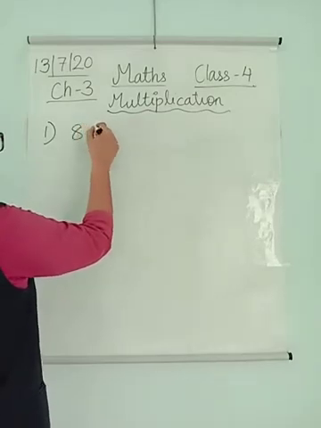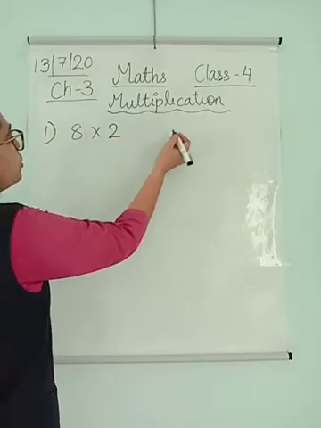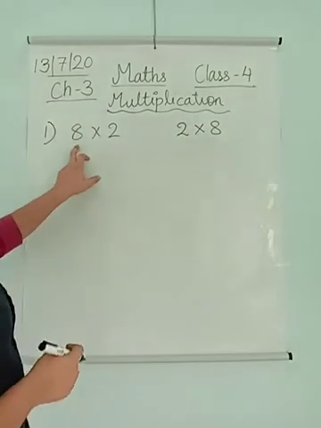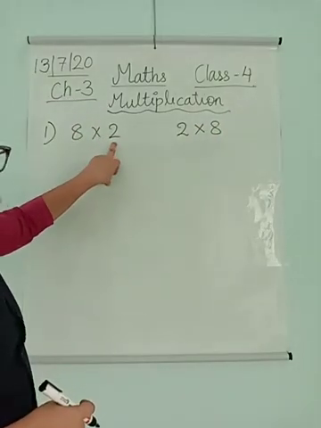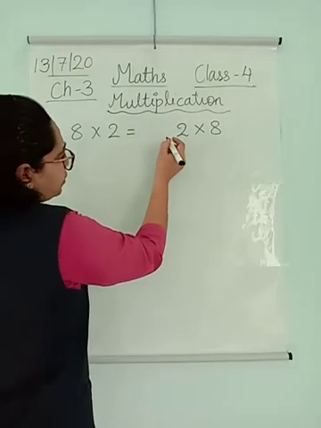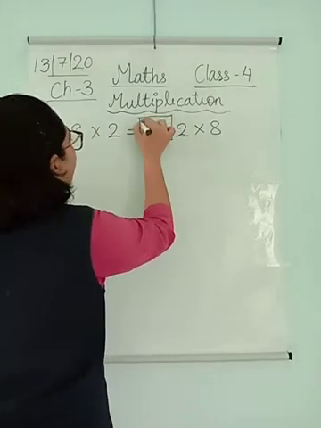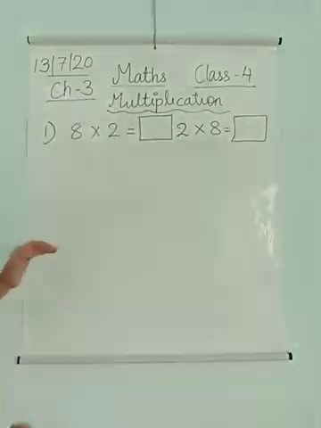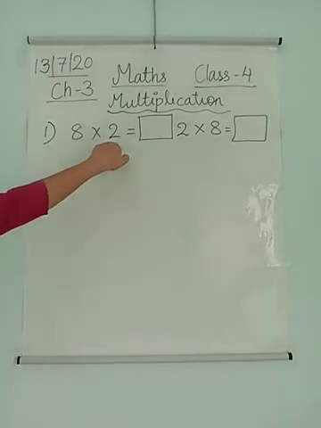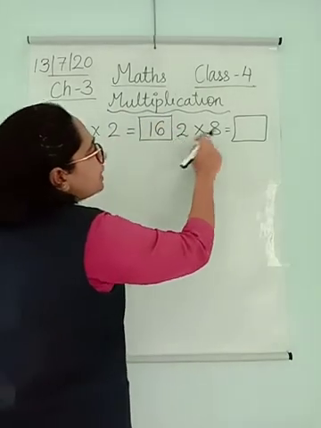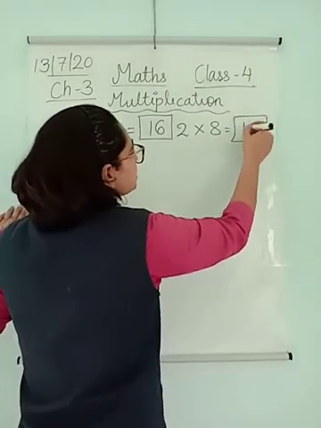I take an example: 8 multiplied by 2 and 2 multiplied by 8. These are my multiplier and multiplicand. After multiplying, I get a number that is called the product. Now tell me, 8 twos are 16 and 2 eights are again 16.